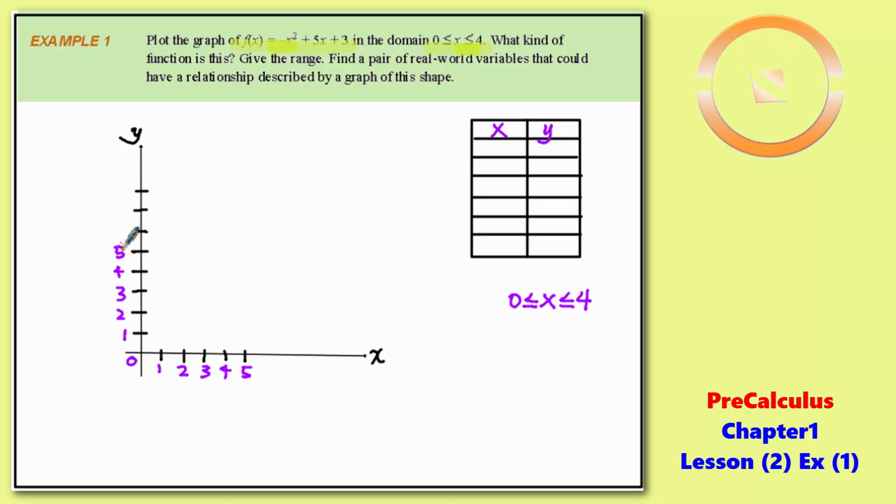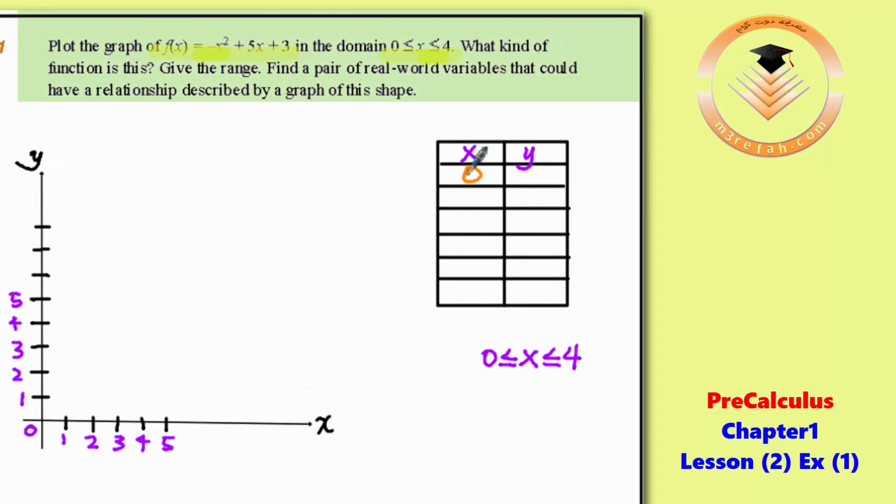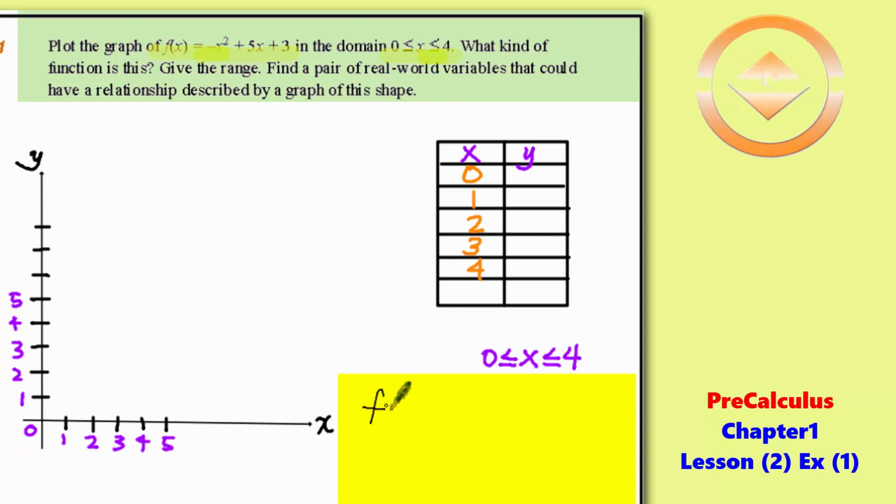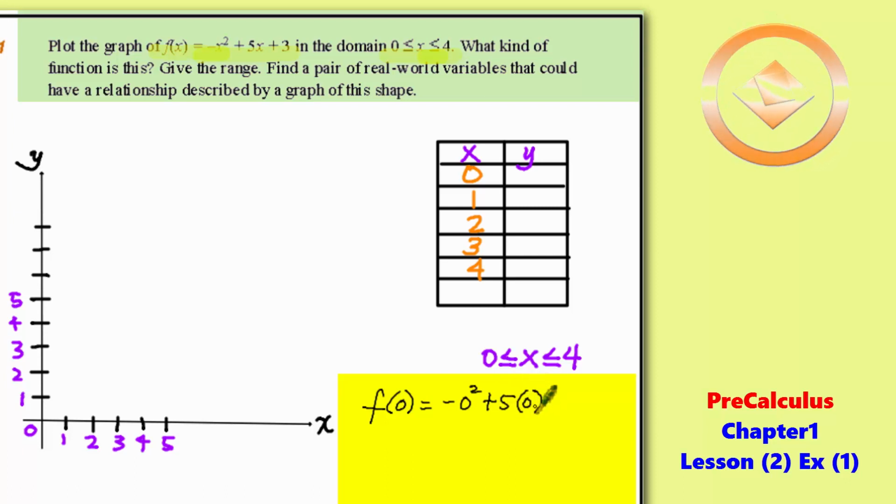And then let's get the values. For x equal to 0, f of 0 would be equal to negative 0 squared plus 5 times 0 plus 3, and this would give us 3.